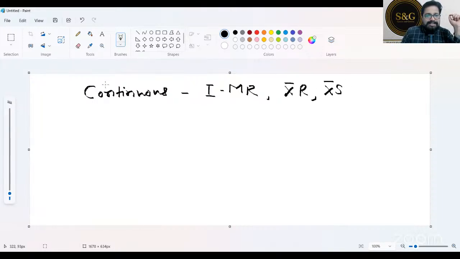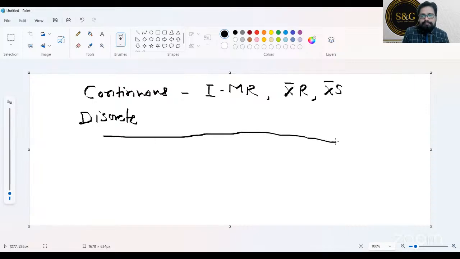On the other side, the discrete data. If we have discrete data, just draw this table that I'm drawing right now. Here you can write. Let me quickly draw this and then you can write it. Constant sample size and variable sample size.